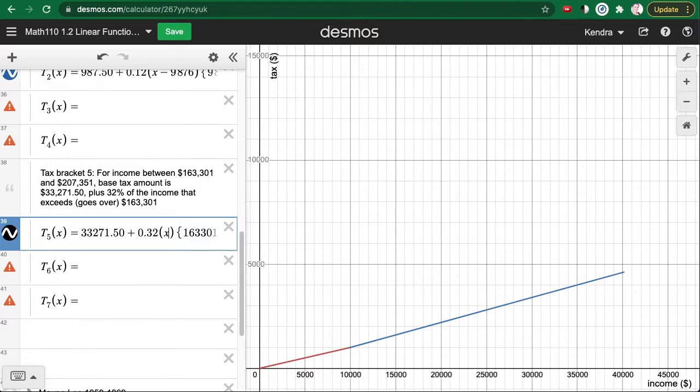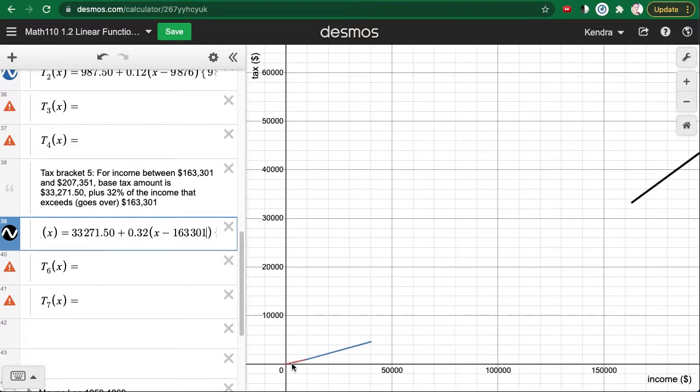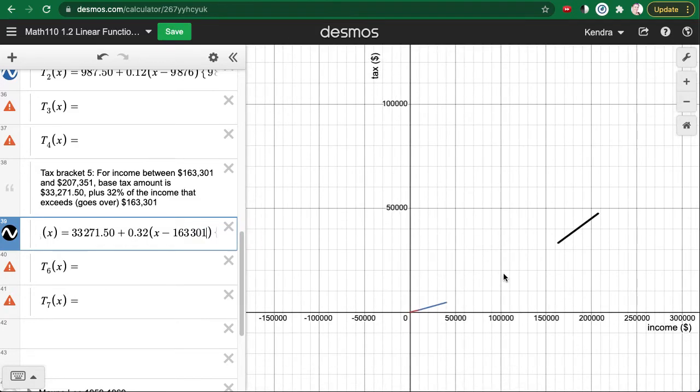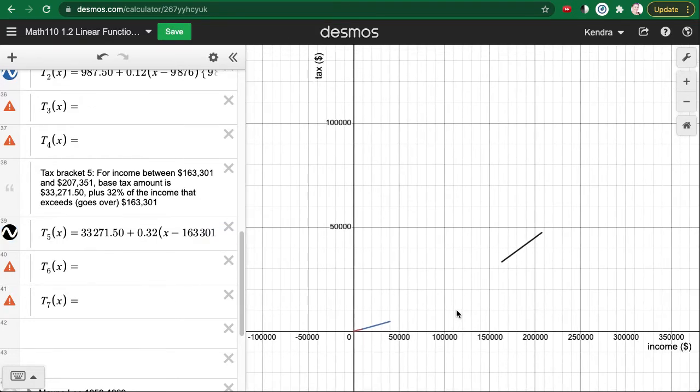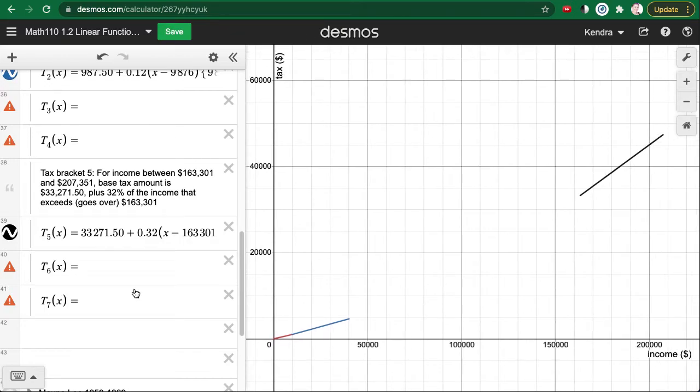So it's x minus 163,301. All right. Okay, let's zoom out and see if that looks like it could connect there in the middle. I am not going to fill in all the blanks. I think that it's a good exercise for you to do so.